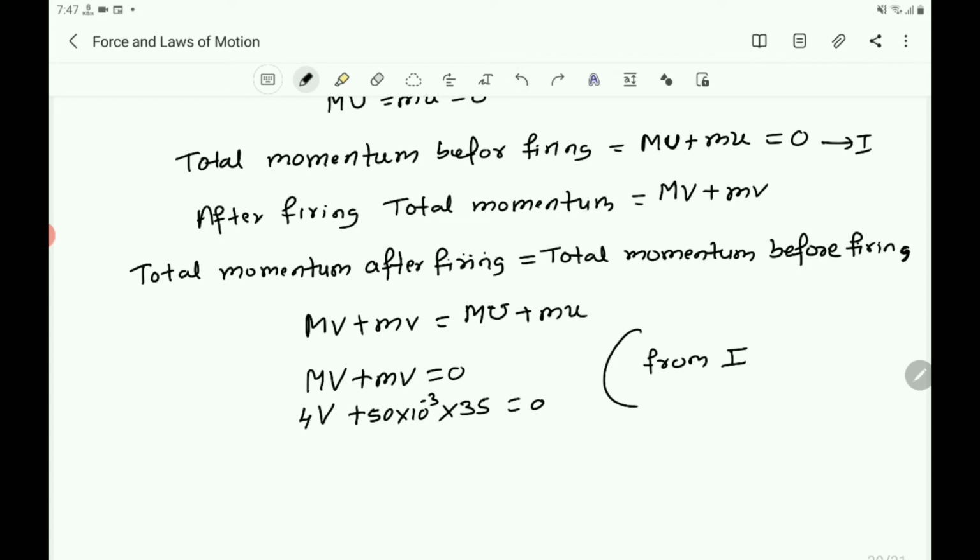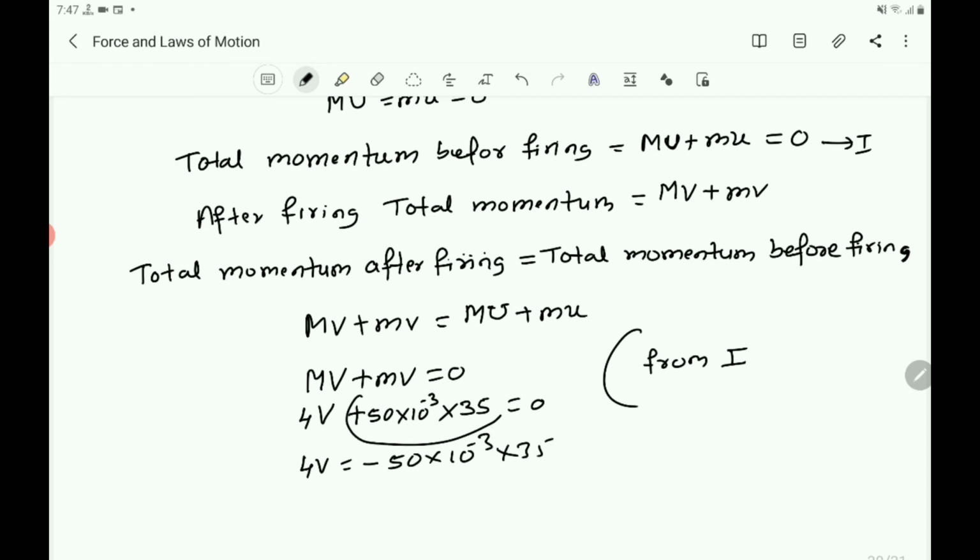Now here we have to find V, that is the velocity of the rifle, the velocity of the gun after the firing. So you write 4V equals minus 50 into 10 to the power of minus 3 into 35.